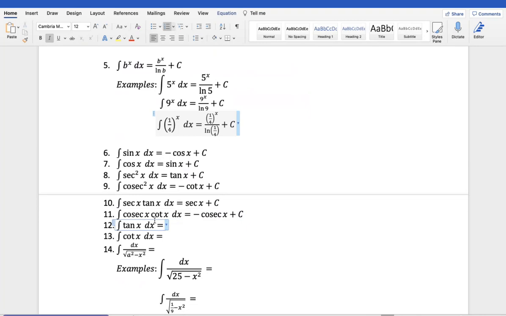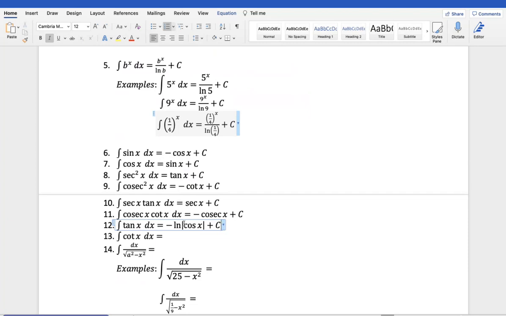And our integral of tan of x is equal to negative ln of the absolute value of cos x plus c. Once again, the reason why we have included the absolute value here is because cos of x can have negative values, and we can never have the ln of a negative number.